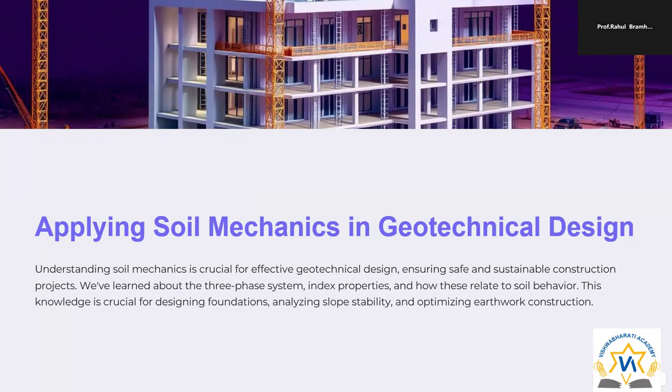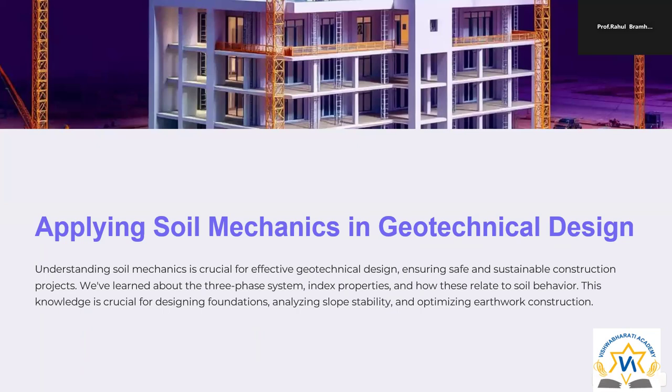In this slide, we show the applications of soil mechanics. Soil mechanics plays an important role in the effective design of geotechnical engineering and ensures safe and sustainable construction projects.